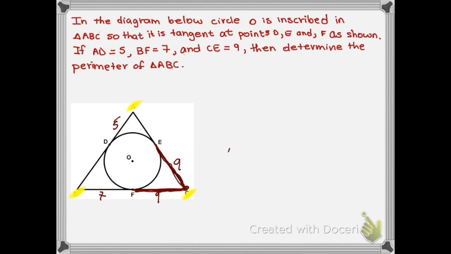Okay, so let's finish labeling this triangle, and this is going to be your CFU. Okay, so finish labeling the triangle and determine the perimeter of triangle ABC. Okay, so perimeter, remember, it just means to add up all the sides of a triangle.